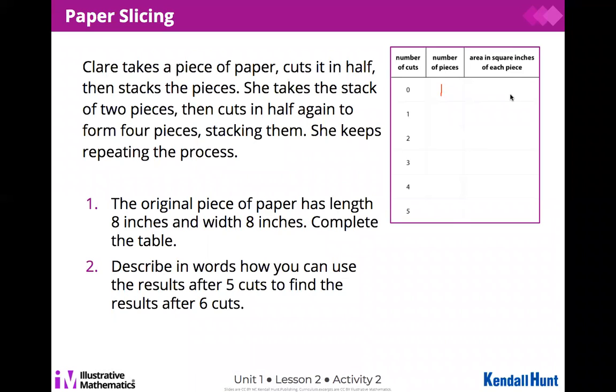Well, my one piece was an 8 by 8, and you get the area by multiplying the length times width. So that would be 64. 8 times 8 is 64. Okay. All right. Let's cut this in half. Try and be pretty precise with this.